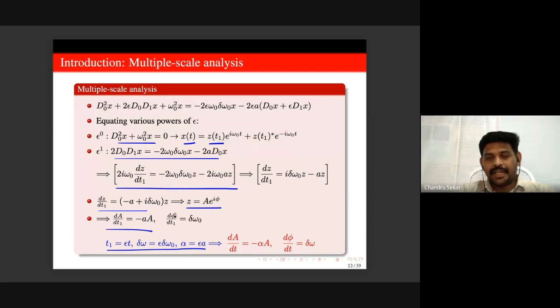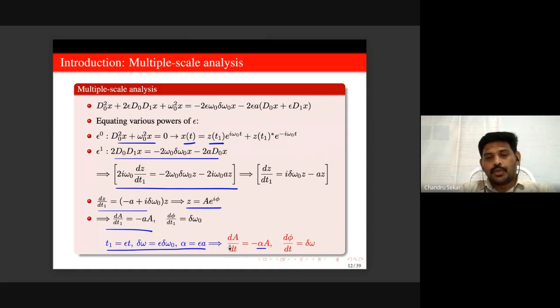Here a and phi are in the slow time scale with the parameters A and delta omega naught. Here alpha and delta are small parameters. Here A and delta omega naught are not small parameters, but t1 is the small parameter.